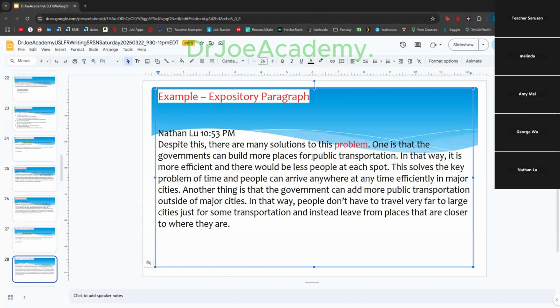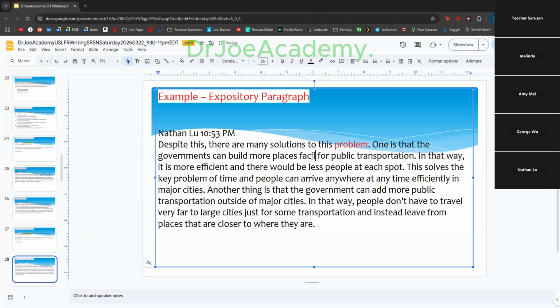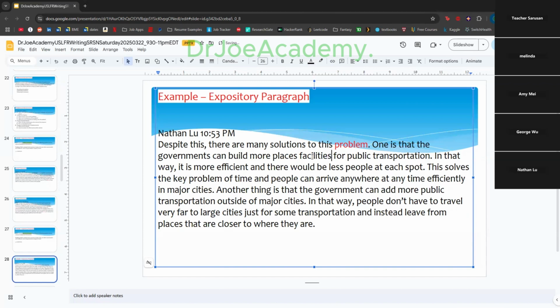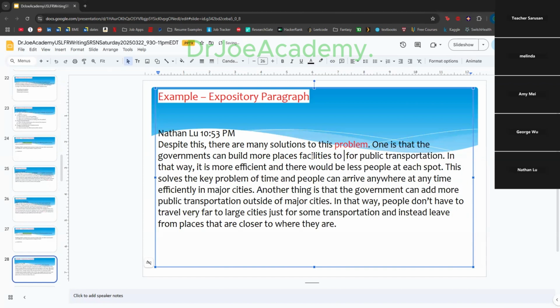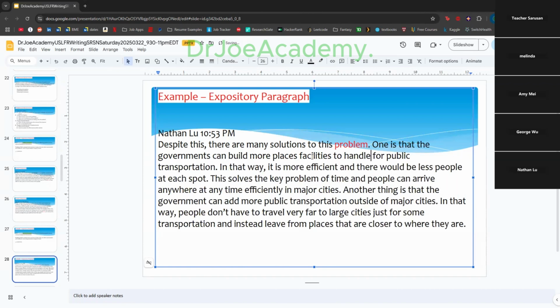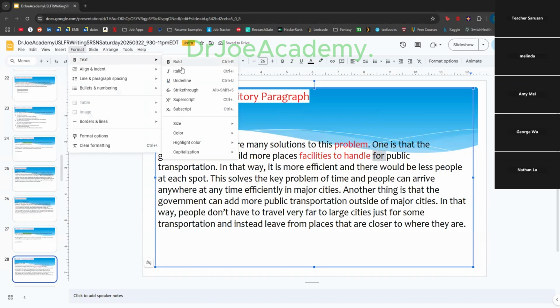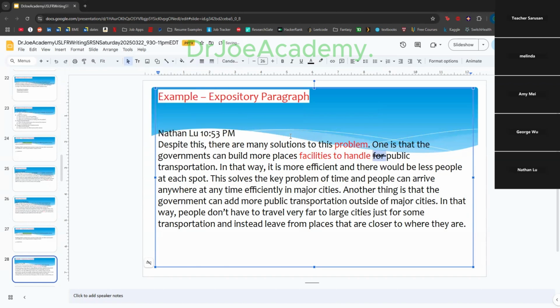Let's be a little more specific again. Let's say build more facilities to handle public transportation. So this could be like bus stations, subway stations, whatever it may entail. And that way, it is more efficient.